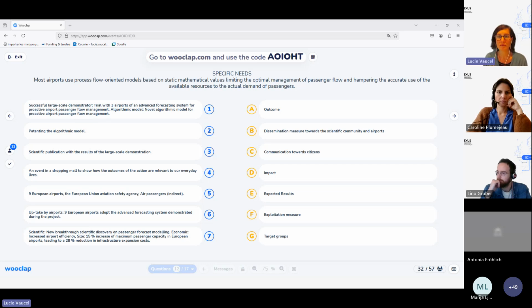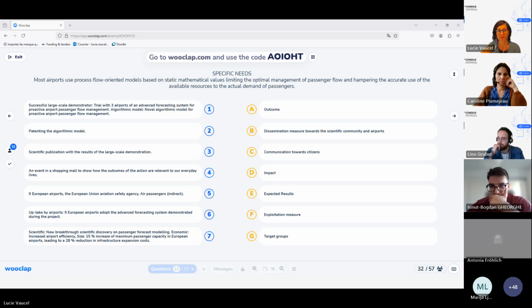Okay, 32 doesn't seem to increase anymore, so maybe I will share the correction unless someone reacts in the chat. Give me more time. No. Okay.